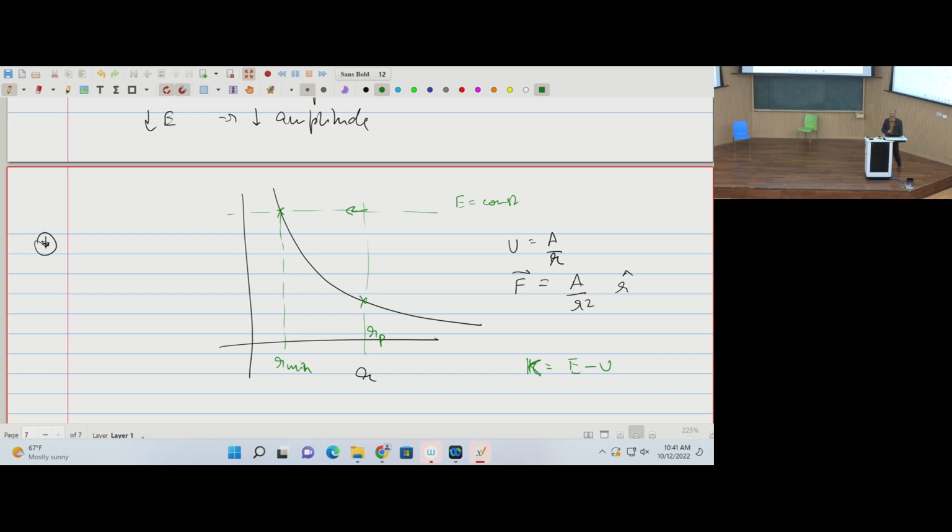Kinetic energy is E minus U. When it was getting closer to R min, its U was increasing, K was decreasing, because E is constant. And then K became 0, but now it starts moving away. So now U is decreasing, K is increasing, but U keeps on decreasing. That means K keeps on increasing.